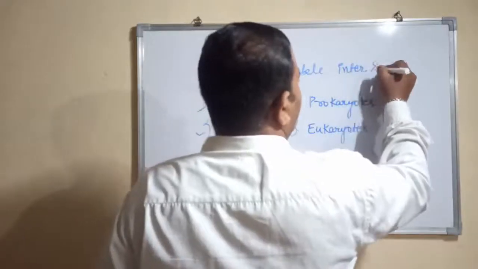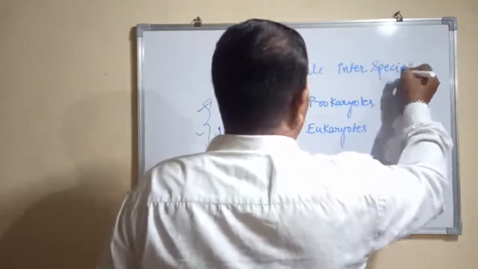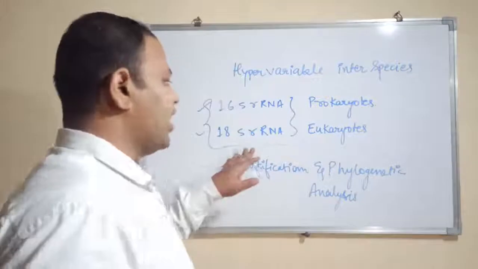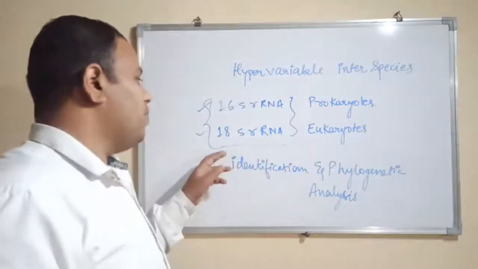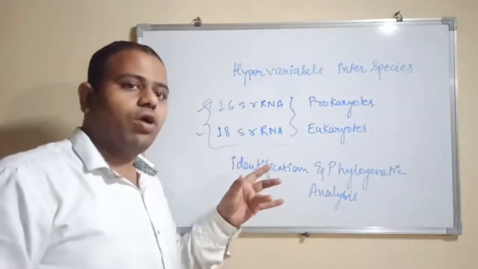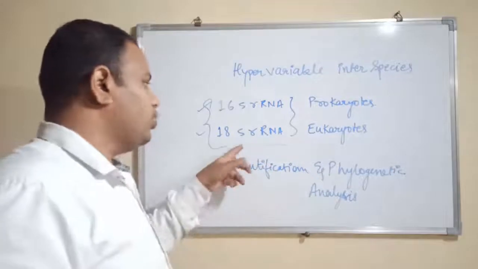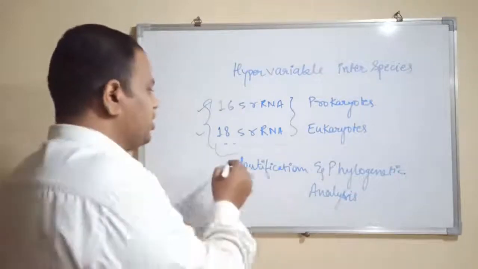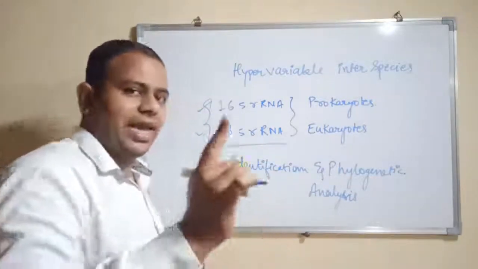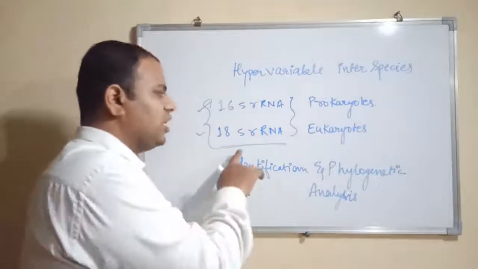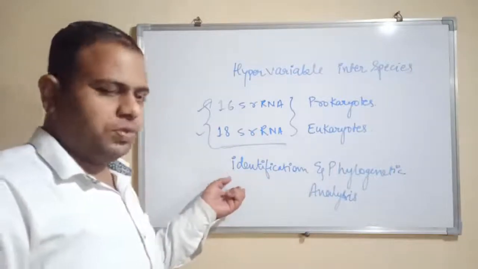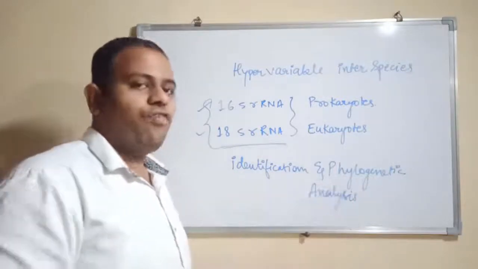So within two different species, the 16S or 18S rRNA will be very different. But for organisms, bacteria or eukaryotic cells, from the same species, the 18S rRNA will be exactly the same. Therefore this sequence can be used for identification of the species, and it can also be used for phylogenetic analysis.